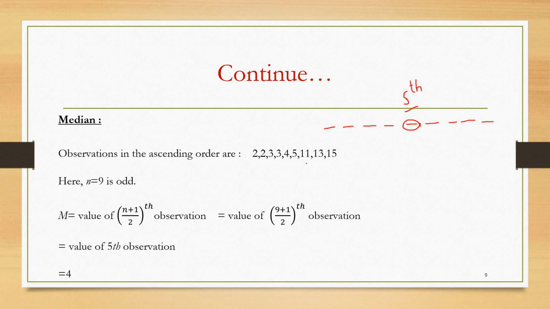Okay. Now we will see which value is on the 5th place. 1, 2, 3, 4, 5. It is 4. Now 4 is our median, not 5. The 5th observation in the data set when arranged in ascending order is 4. So 4 is our median for the data set.